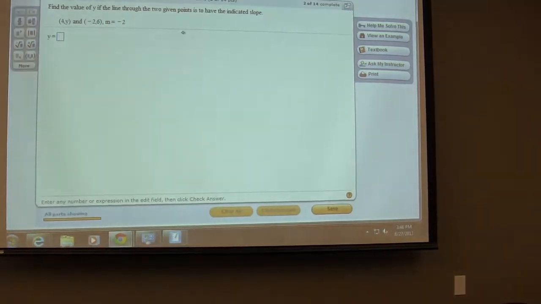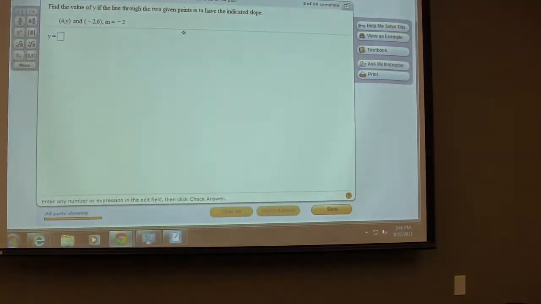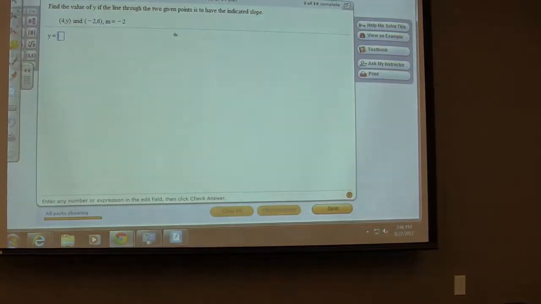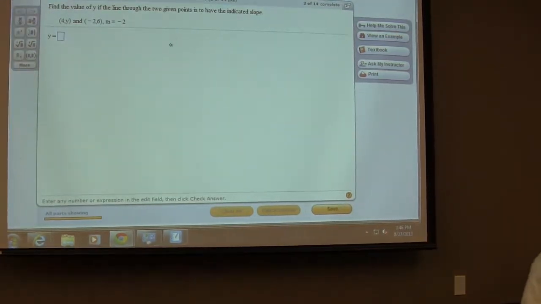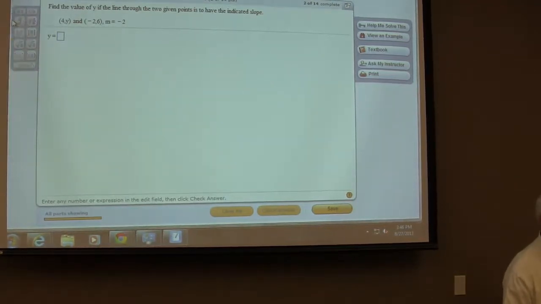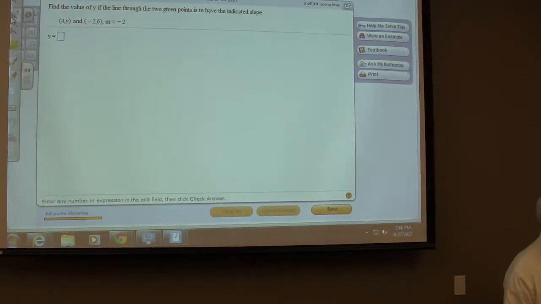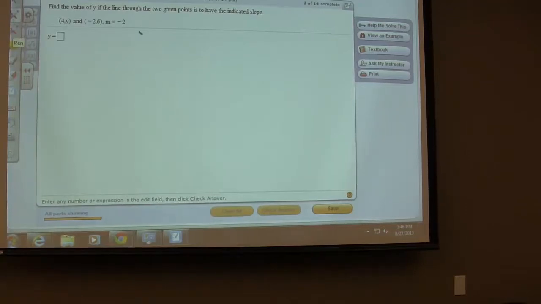So if I start with y2 minus y1 divided by x2 minus x1.